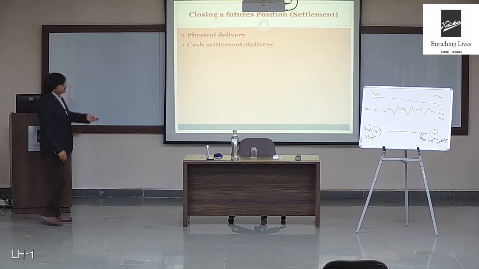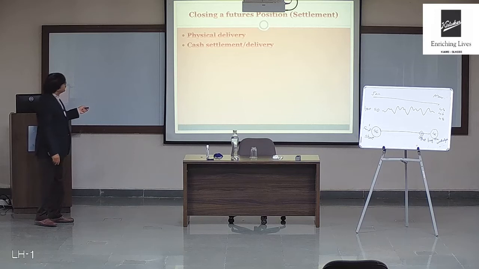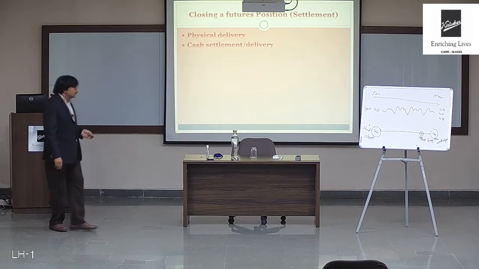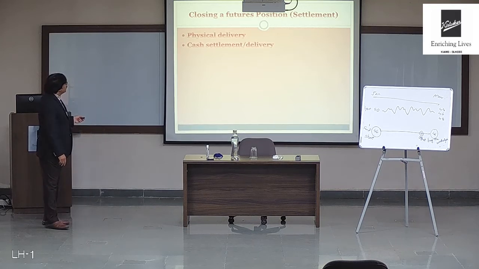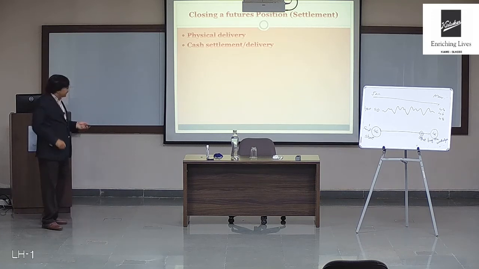Now the settlement of the position of this contract can be done with actual physical delivery. So the farmer who is required to buy the underlying will actually buy the underlying, or instead of the underlying, you can do a cash settlement. That means the difference between the prices will be paid to the party.